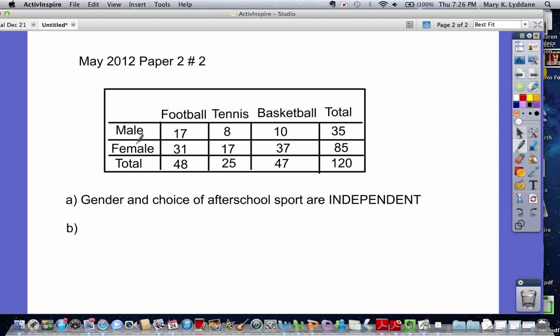So female footballers, our row total for footballers is 85 multiplied by the column total, which is 48. Whoops, multiplication, went the wrong way there. Row total times column total, and we're going to divide that all by the total total, which is 120, and that's going to give us 34.